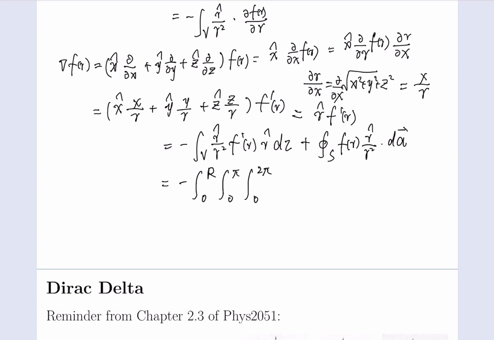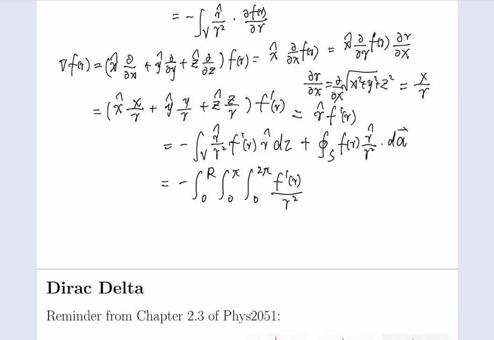And then we write down what's inside. So r hat dot r hat equals 1, so we can simply ignore this term, and what's left over in the integrand is f prime over r squared.